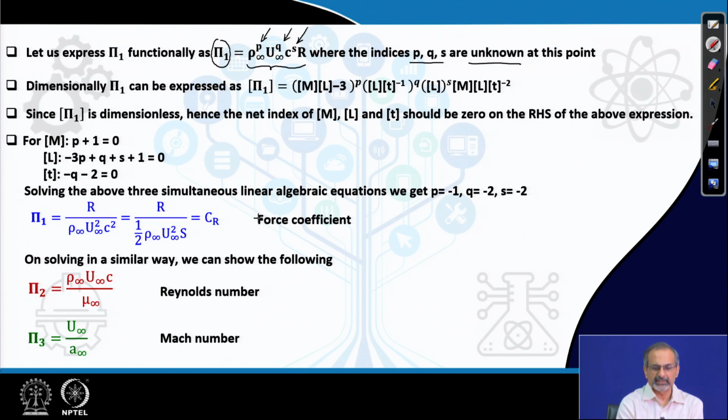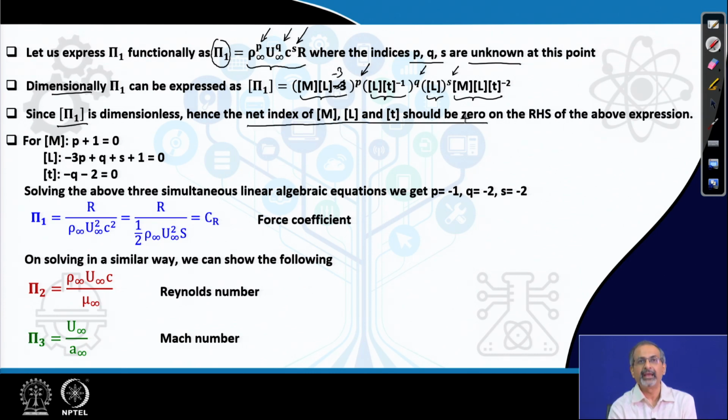Now, if you represent pi 1 dimensionally, then what have you got to do? You have to represent rho infinity in terms of its dimensions. This should be in the index. Then u infinity, c all in dimensions and raised to the respective indices. And finally, you have the dimensions of R. Since pi 1 is dimensionless, net index of M, L, T individually should be 0.